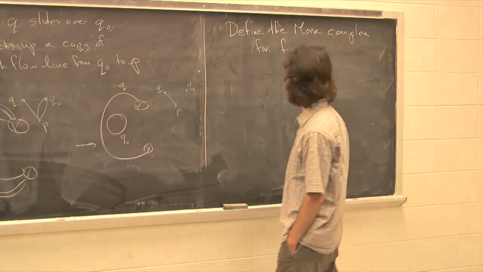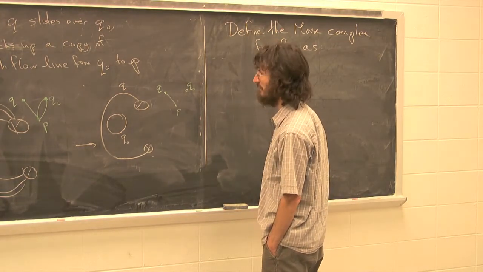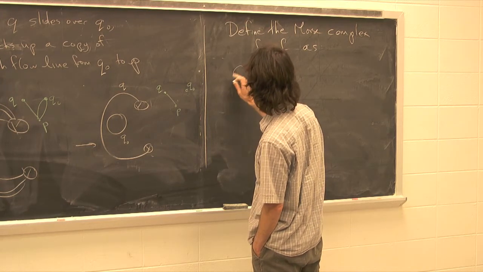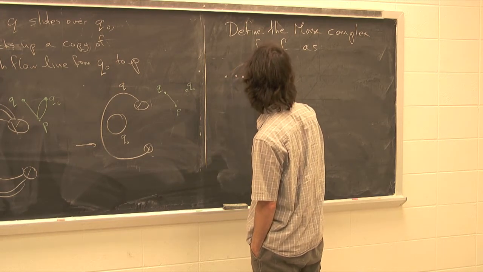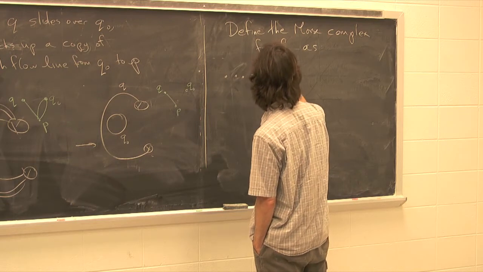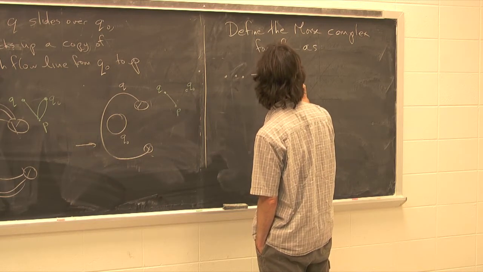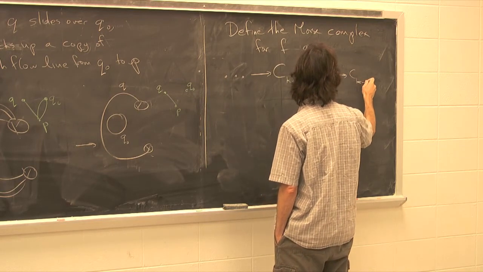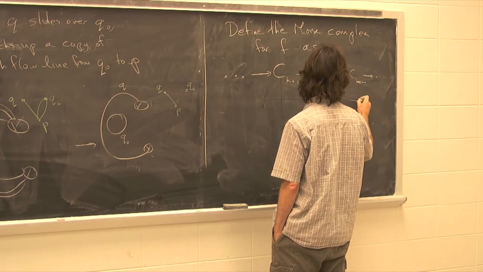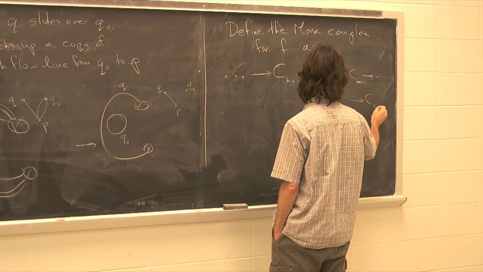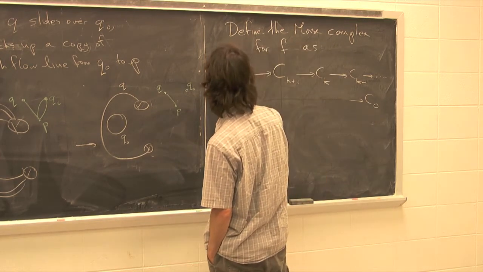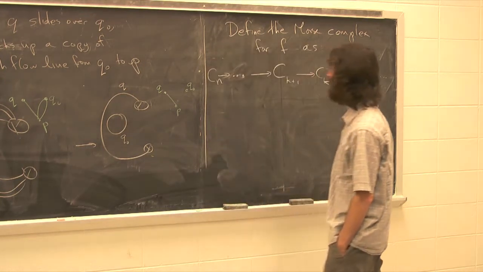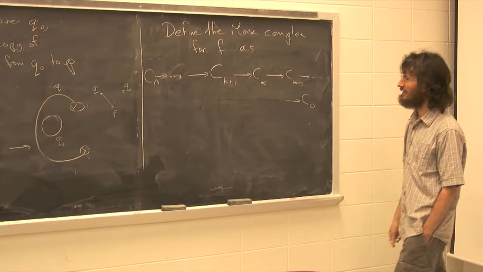Chain complex means a sequence of free abelian groups, C dot dot dot, and then some arrows, and then there's going to be C_{k+1}, C_k, C_{k-1}, dot dot dot, all the way down to C_0, and actually it starts at C_n. It doesn't go further. Each of these is a group.